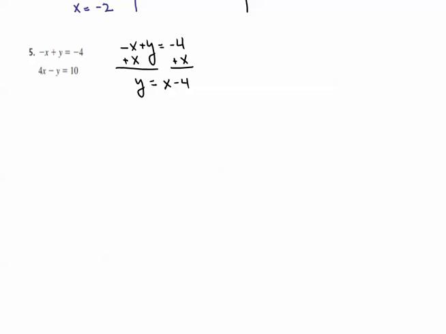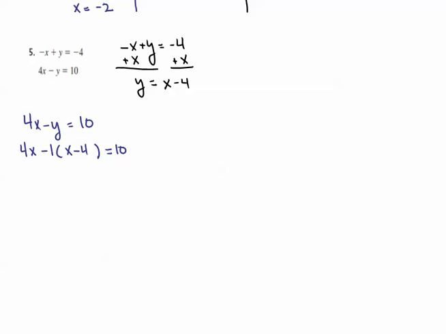So I've used the first equation, now I'm going to go to the second equation. The second equation says 4x minus y is equal to 10. In place of y, in parentheses, not changing the minus sign out front, I'm going to put x minus 4. That all should equal 10.